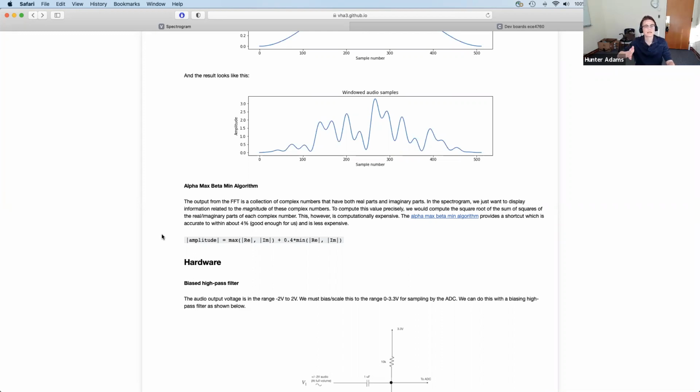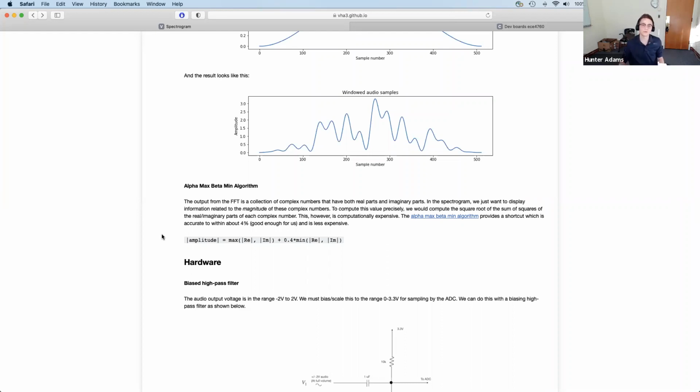So if the output of the FFT is 512 samples long, for purely real input, that output is mirrored across sample number 256. 256 is kind of close to the height of the TFT screen, which is 240. Right? So it's a number that just kind of makes sense for the amount of pixels that we have available.